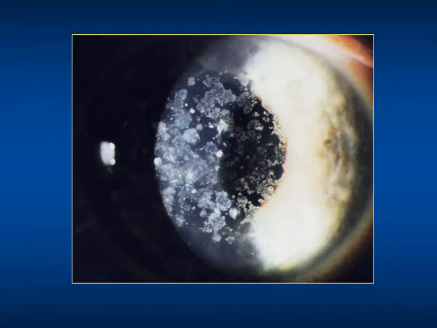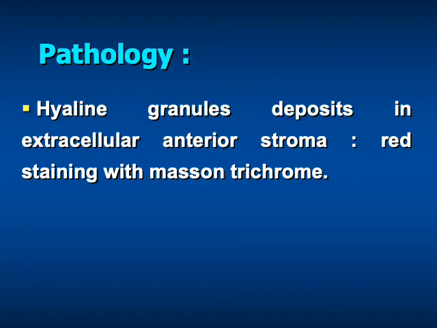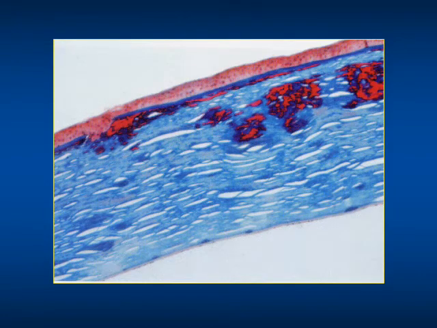As you can see here, pathology shows hyaline granule deposits in the extracellular anterior stroma, staining red with Masson trichrome stain as in this picture. As you can see, Masson trichrome stains all the lamellae of the stroma blue and the deposited material red.